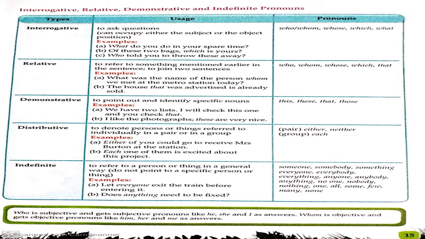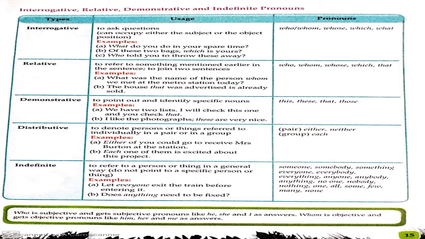Next, of these two bags, which is yours? Here, which is an interrogative pronoun. Who told you to throw this away? Who is an interrogative pronoun. So here are some of the examples for interrogative: who or whom, whose, which, and what.